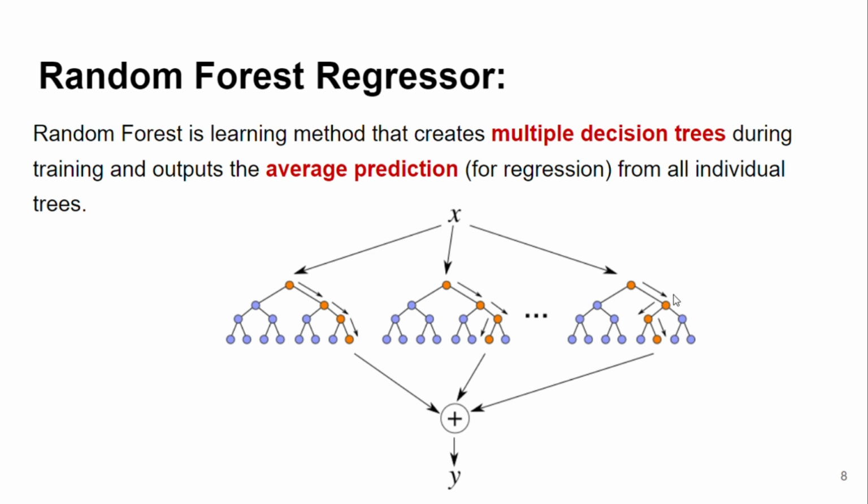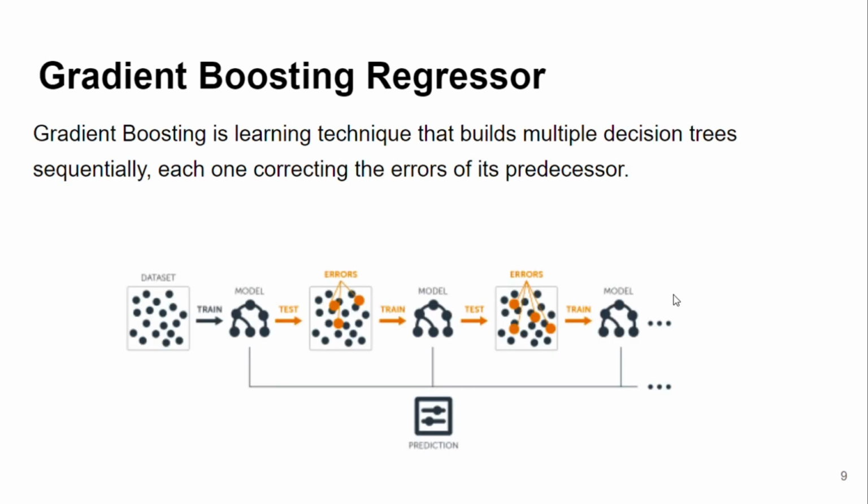The next regressor we have is gradient boosting regressor. Gradient boosting regressor also consists of multiple decision trees, but this time these decision trees are combined sequentially. After the data set has passed through one decision tree, it is passed through the second decision tree, and then to the third.